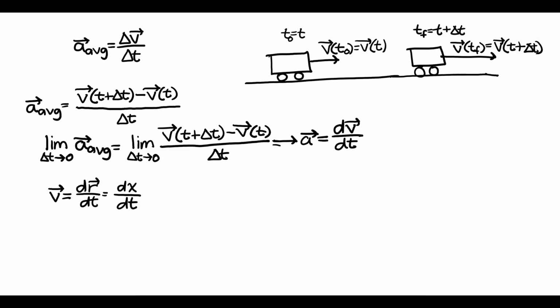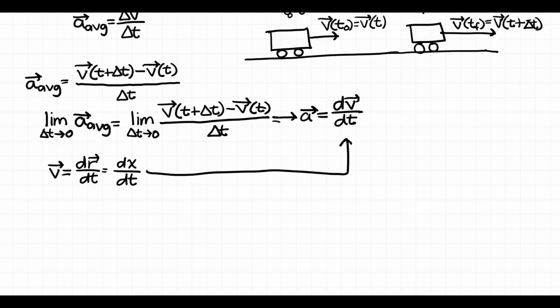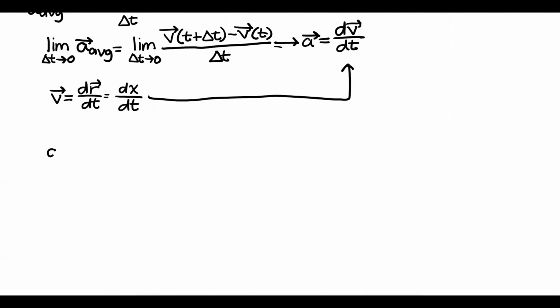And if I were to substitute this in here, what do we get? That the acceleration is the derivative of the velocity, and that's the derivative of position, again using the vector notation here. And we get this expression.